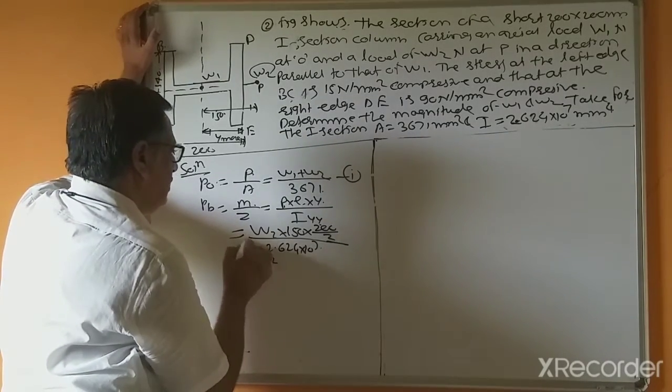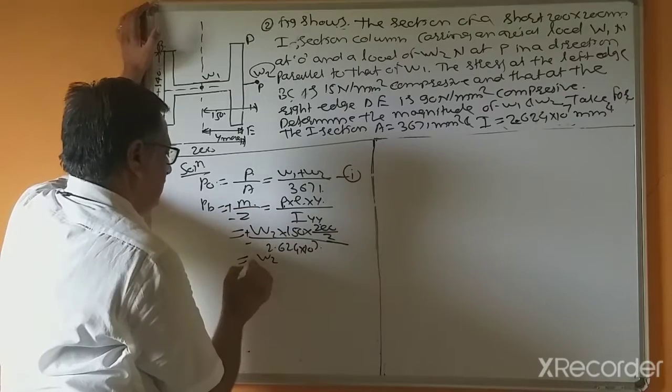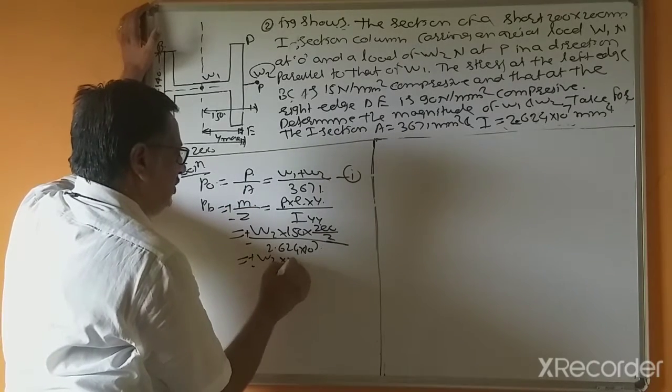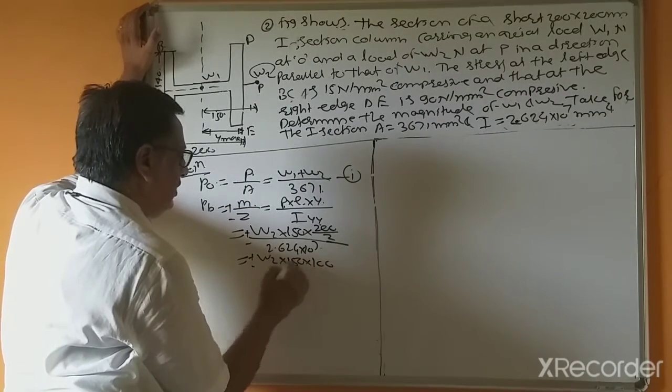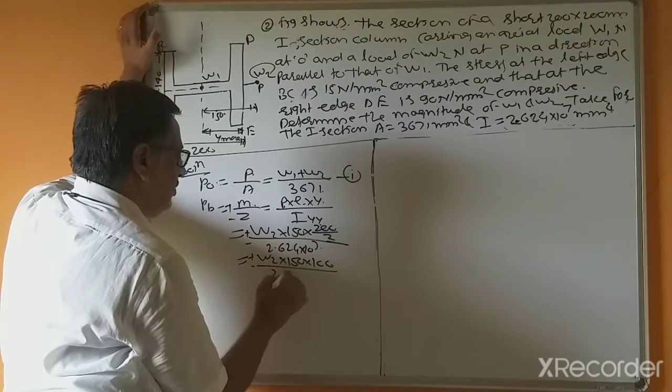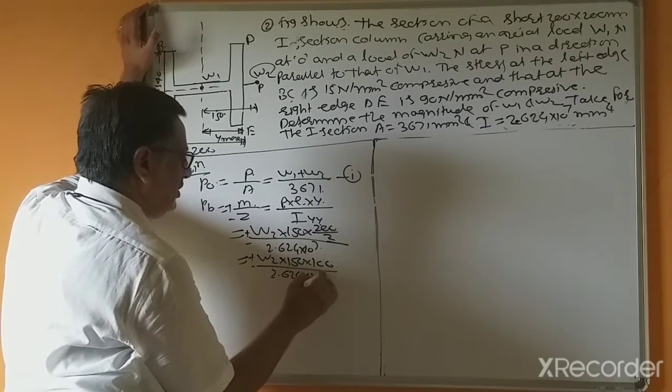This is W2, this is plus minus 150 into 100 divided by 2.624 10 to the power 7.